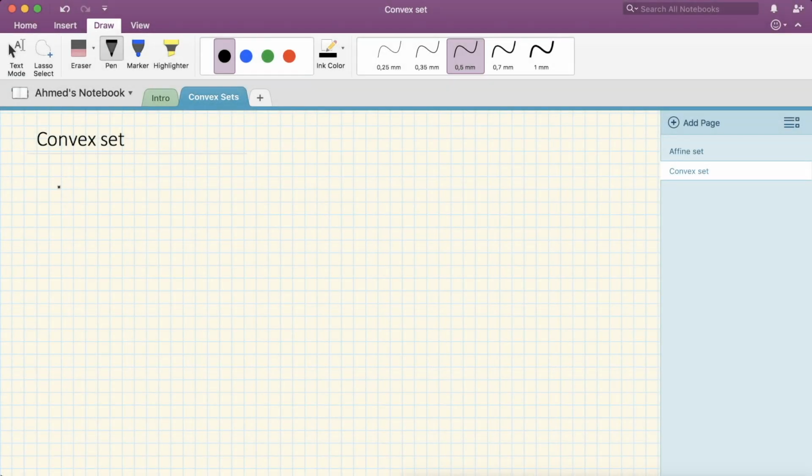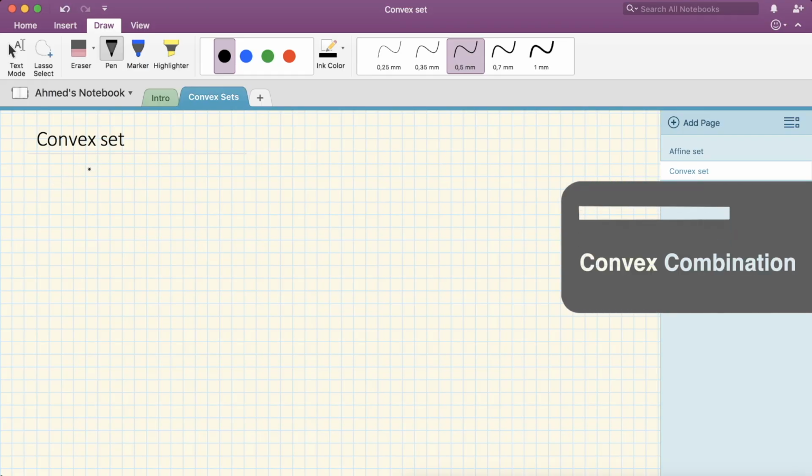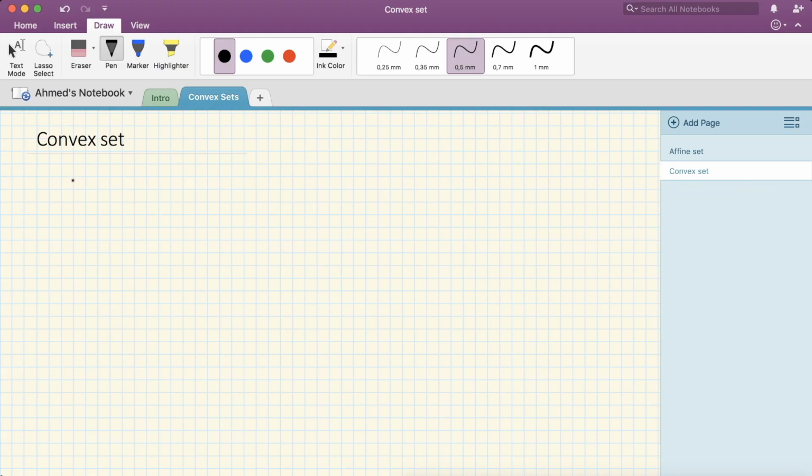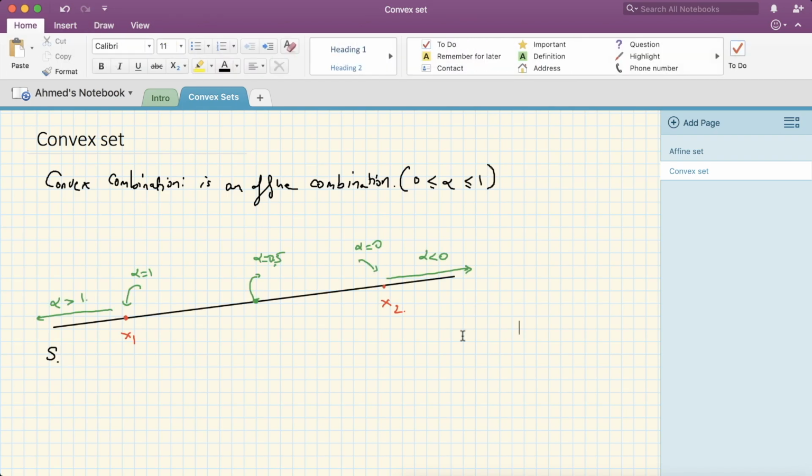Now let's talk about convex sets. But as we did before with affine sets, let's define what a convex combination is so that we can talk about convex sets. A convex combination is an affine combination, but here we restrict α. In this case, α is only bounded between 0 and 1. We had this figure when we were talking about affine sets.